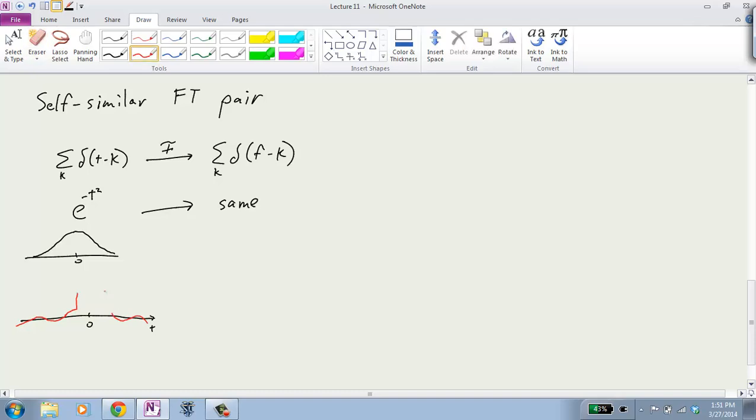Well, let me draw it a little better. Okay, this thing, when you take the Fourier transform, put the F's there, you get back the same thing. All right. So this is the third very special function that does this.